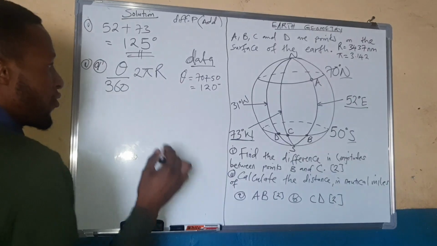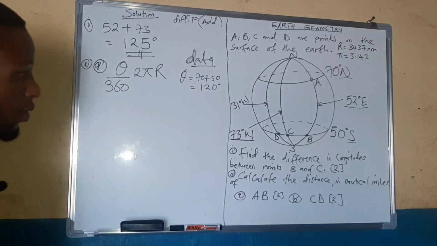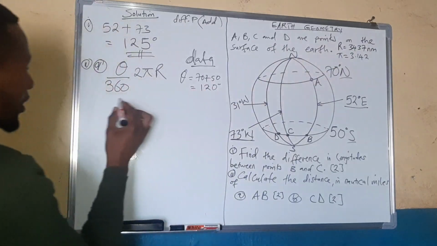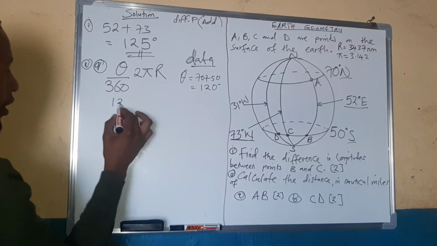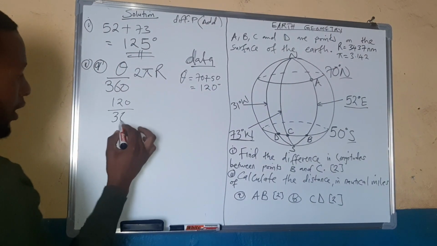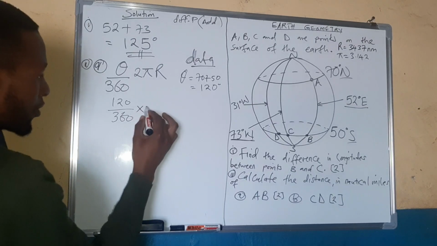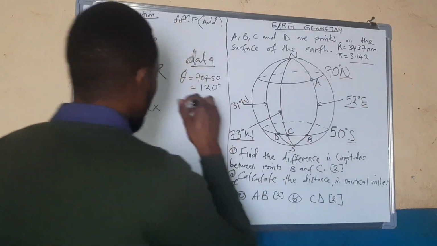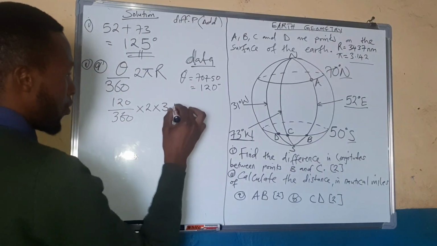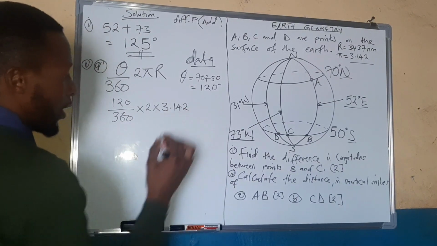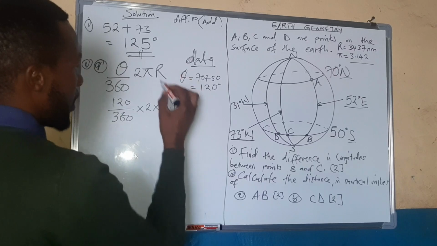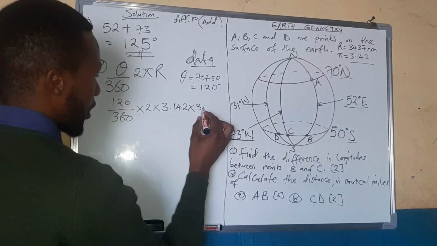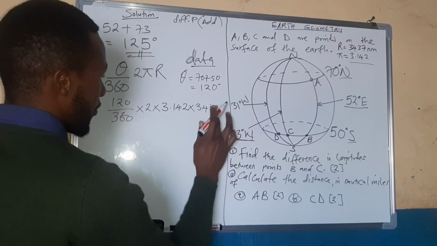That is their difference in latitudes. Then the radius and pi have been given, so let us substitute. We have 120 divided by 360 times 2 times pi, 3.142, times the radius in nautical miles, 3437.